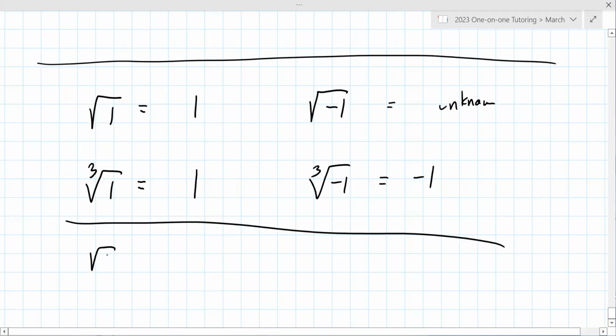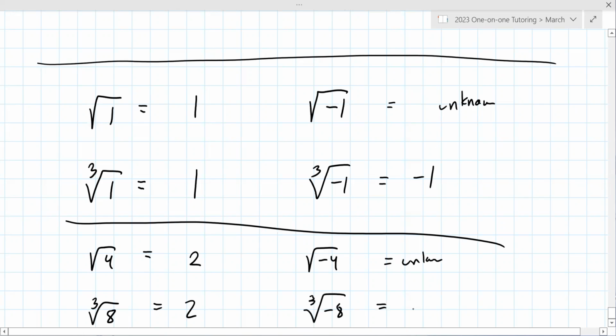Again, the square root of 4 is 2. The cube root of 8 is 2, but the square root of -4 is unknown. But the cube root of -8 is -2. So some of these work, some don't. That's the challenge here. All right, great lesson today.